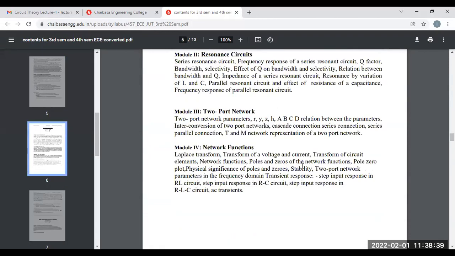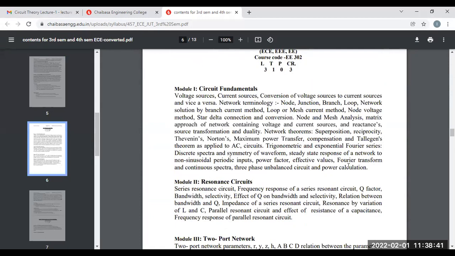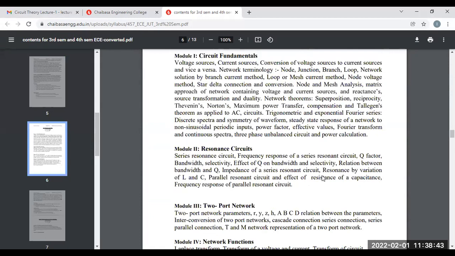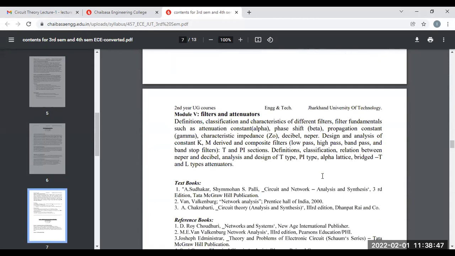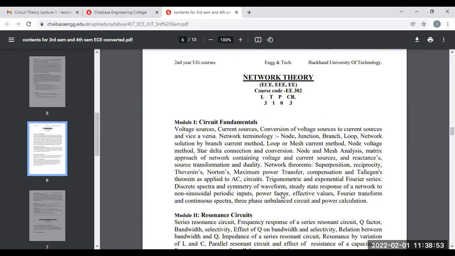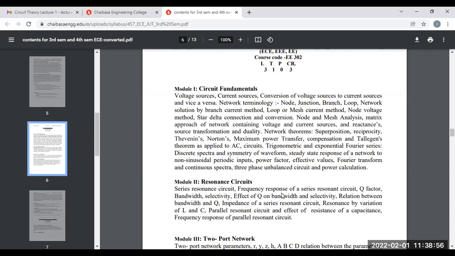5 modules. First module is circuit fundamentals, then resonance circuit, then two-port network, then network functions, and then filters and attenuators. Do you have any concept of this?